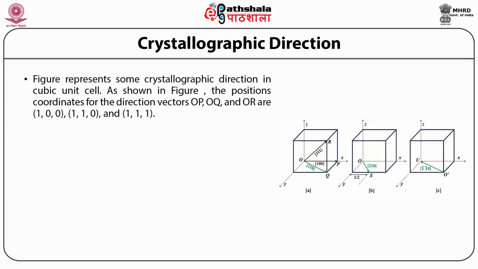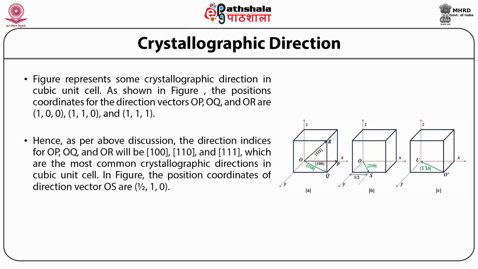As shown in figure A, the position coordinates for the direction vectors OP, OQ, and OR are 100, 110, and 111. Hence, as per the above discussion, the direction indices for OP, OQ, and OR will be [100], [110], and [111], which are the most common crystallographic directions in a cubic unit cell.